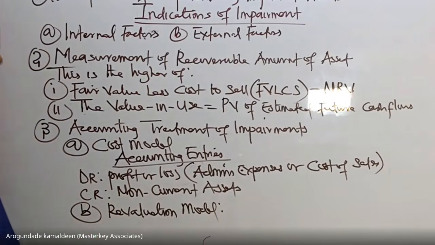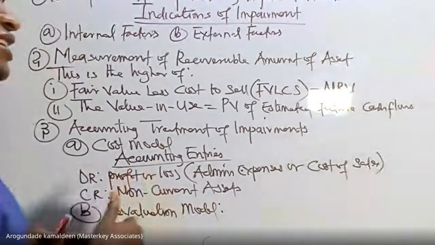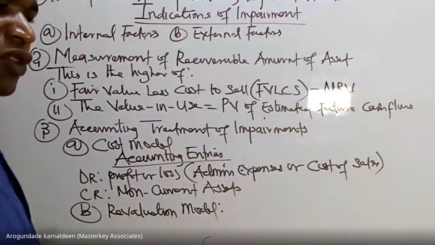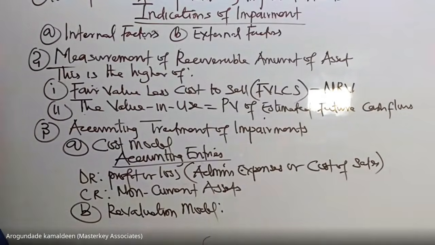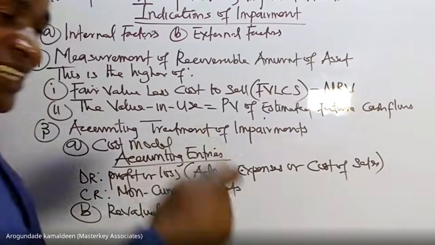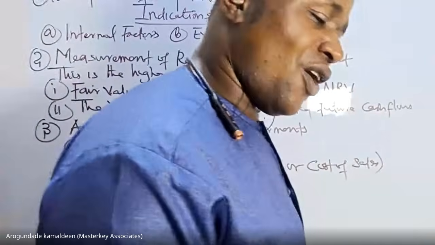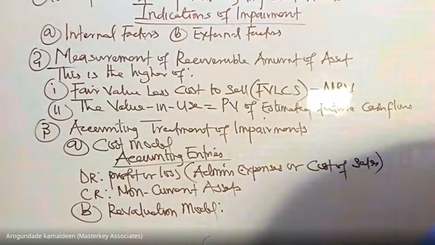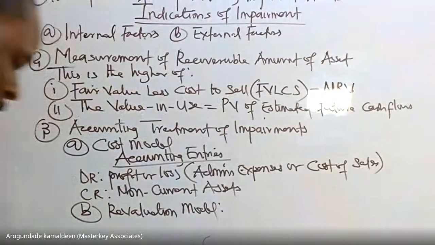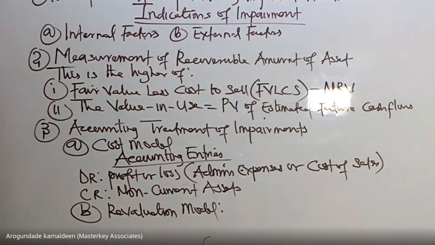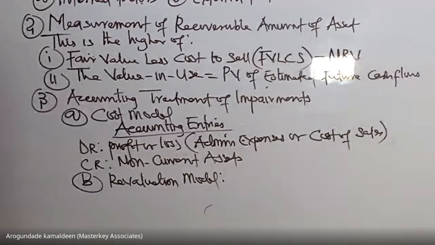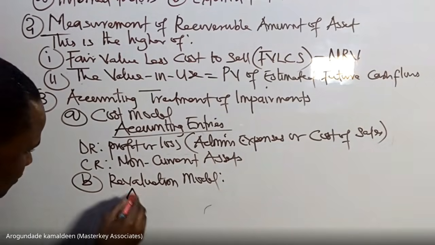However, if the impairment is more than the revaluation surplus, the excess of the impairment would then be taken to P or L. Is that clear? So what now is the accounting entry? After this, we go to calculate.